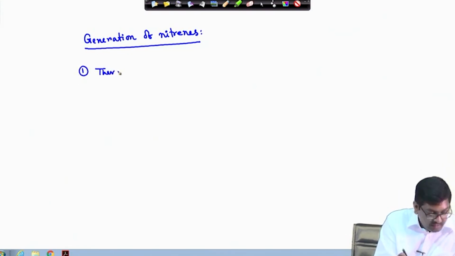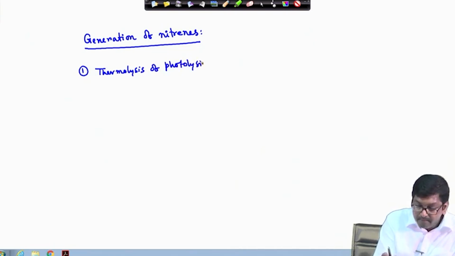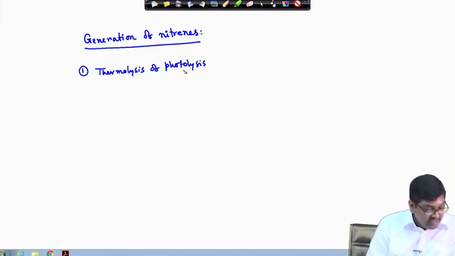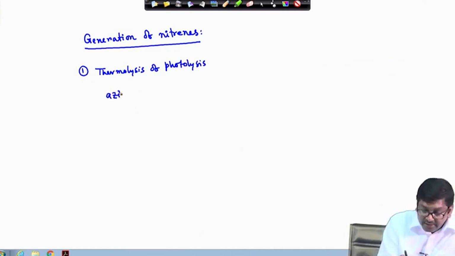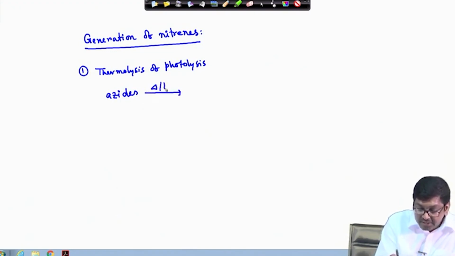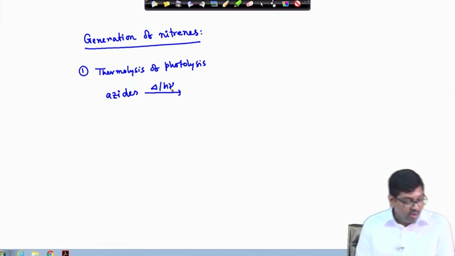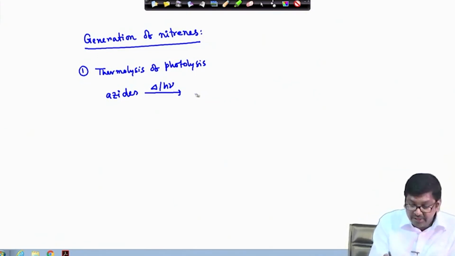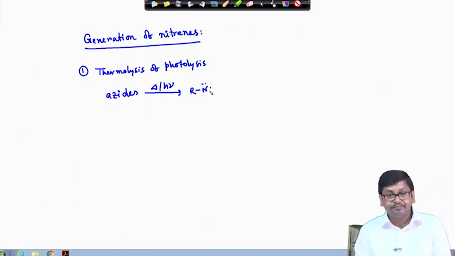So, the first method could be thermolysis or photolysis. In this case we have to irradiate azides, either with heat or hν depending upon the requirement or reactivity, and we can generate the corresponding nitrene.